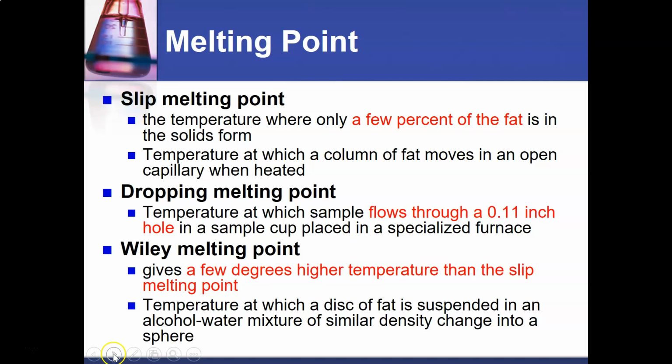And they also have Wiley melting point, which gives a few degrees higher temperature than the slip melting point. It is the temperature at which a disk of fat suspended in an alcohol water mixture of similar density changes into a sphere. Okay, this one also needs different conditions to get this result.